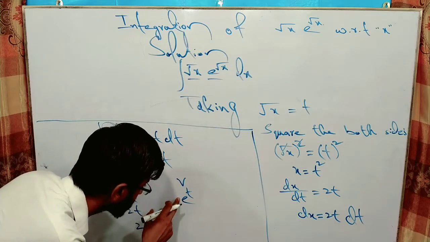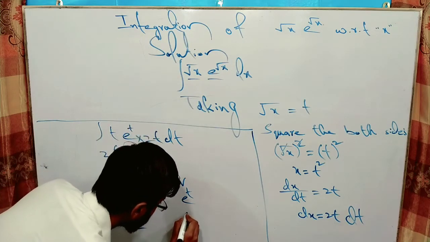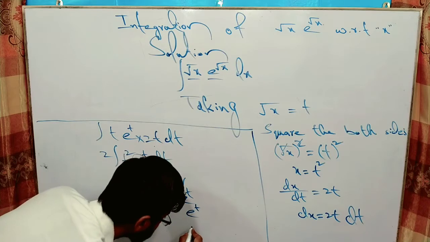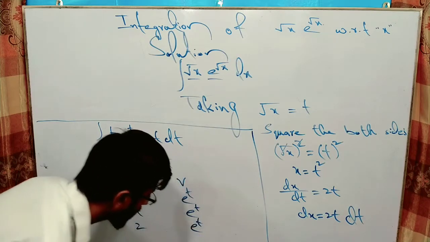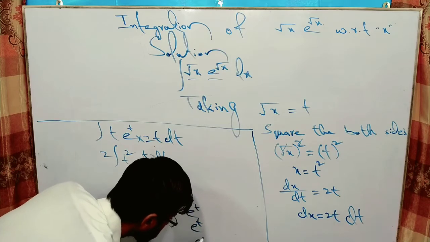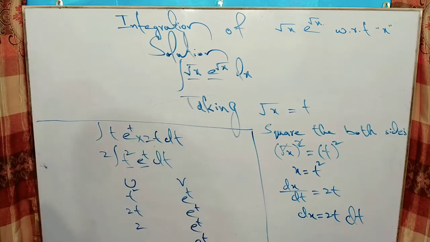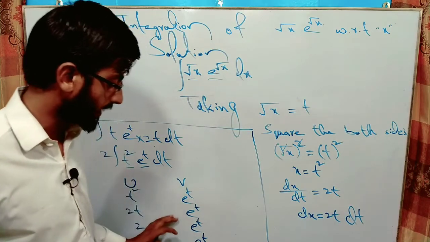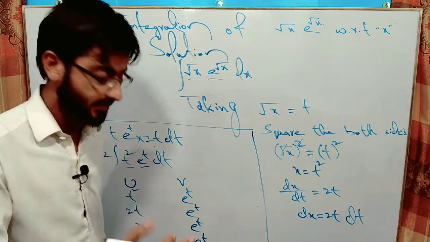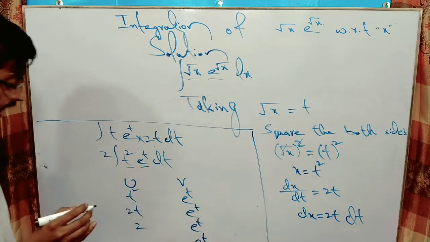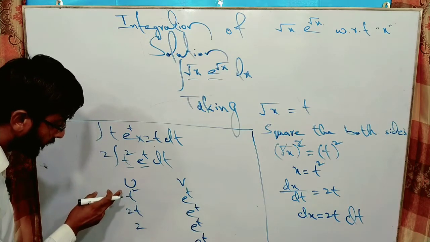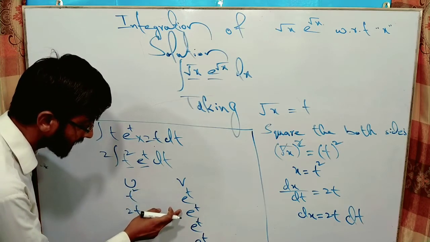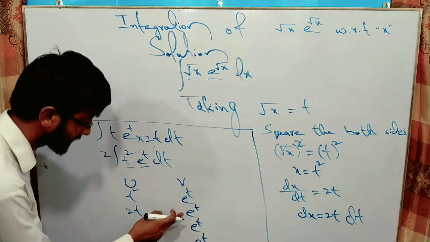If we integrate e to the t, it will be again e to the t, and again we integrate it, it will be e to the t, and again it will be e to the t. We take the first function's derivative and cross it with the first integration.